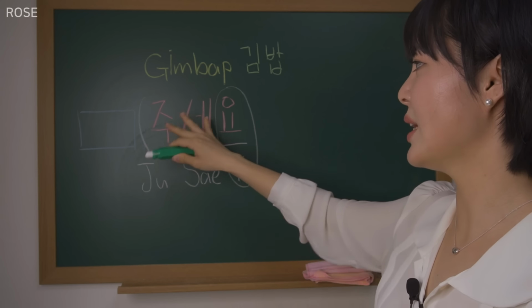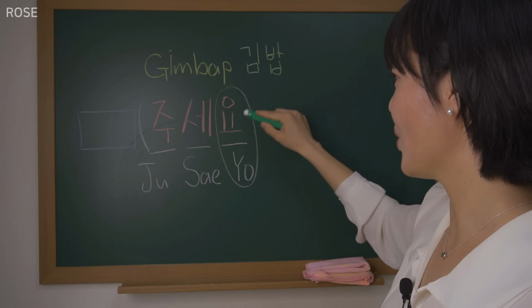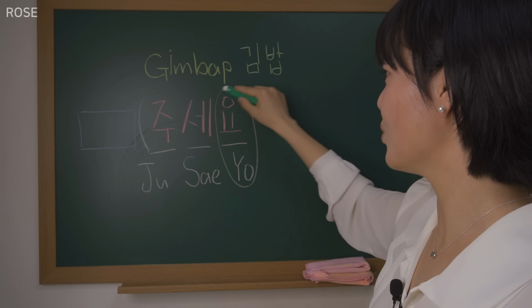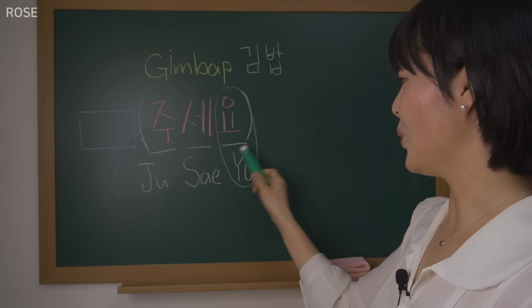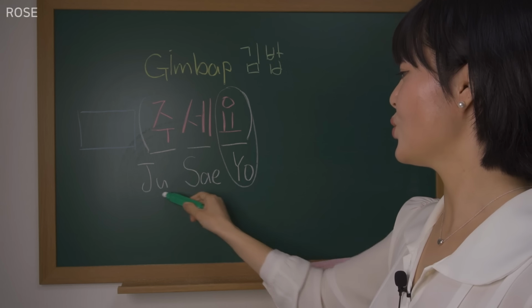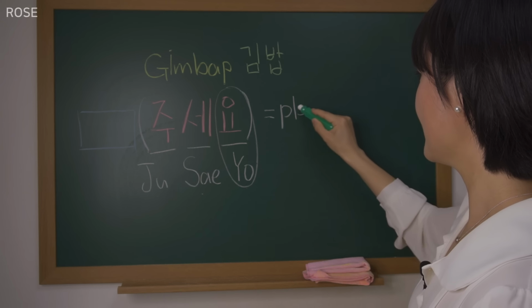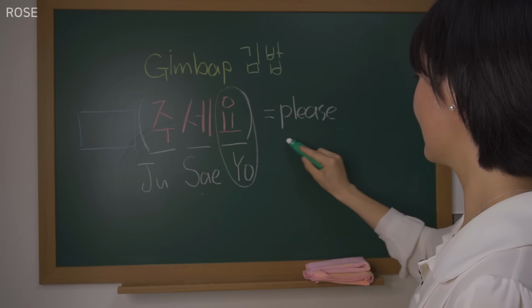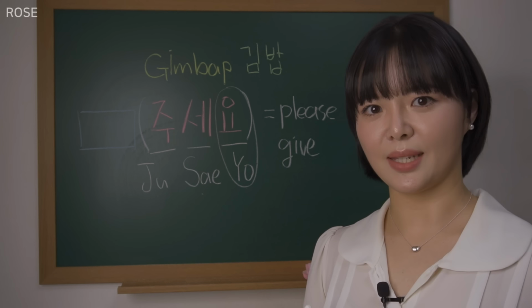But in this case, you can't just say 주세, okay? But anyhow, I'm just letting you know that yo just means making it polite. So 주세요 means please give. Give something to me, please.